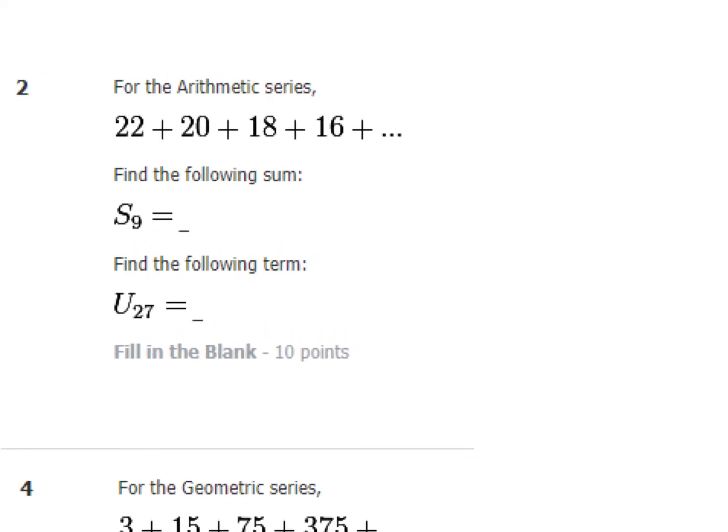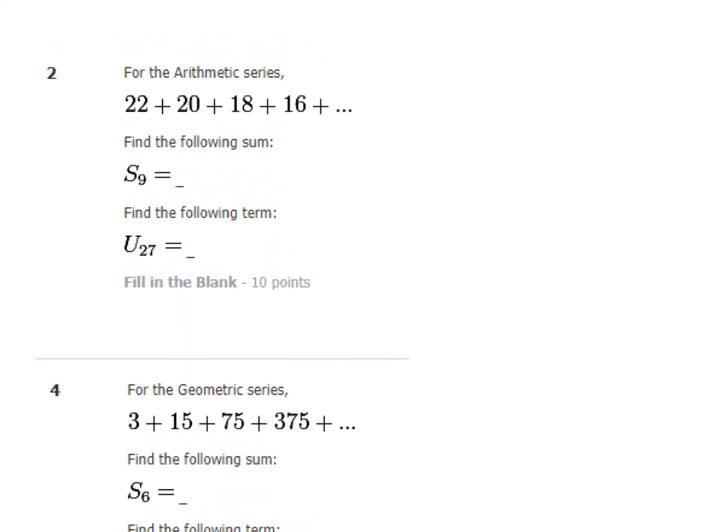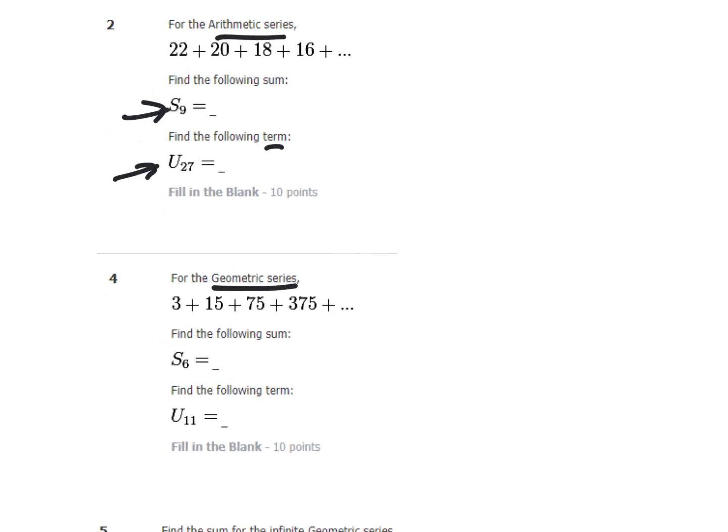I think it would be great for you to practice these. We did some already. And just know where to look. That formula is clearly a sum of the first 9 terms. This is a term. It's the 27th term. That was for arithmetic. Here's geometric and a sum of the first 11 terms.